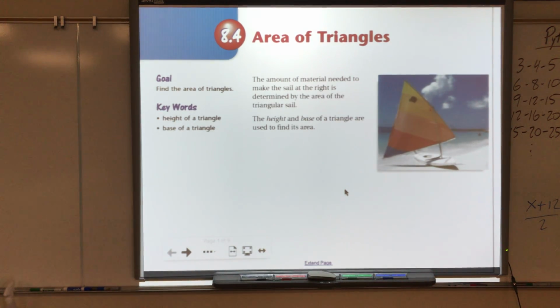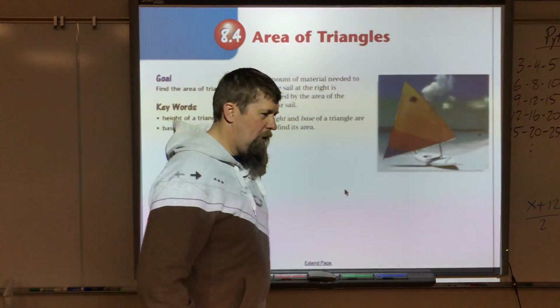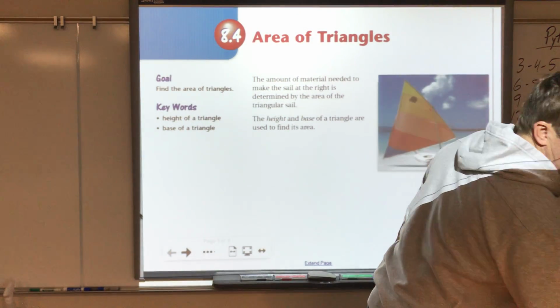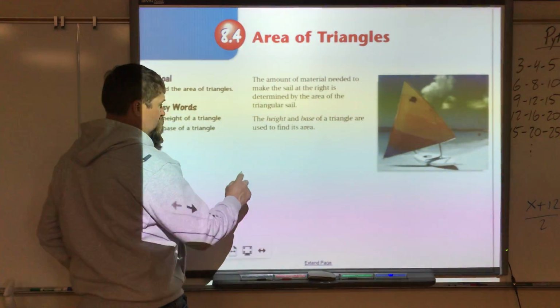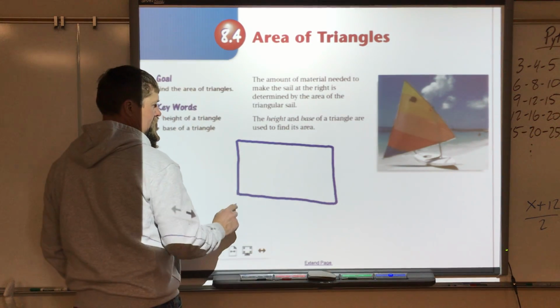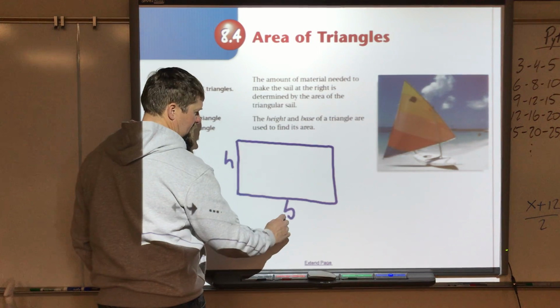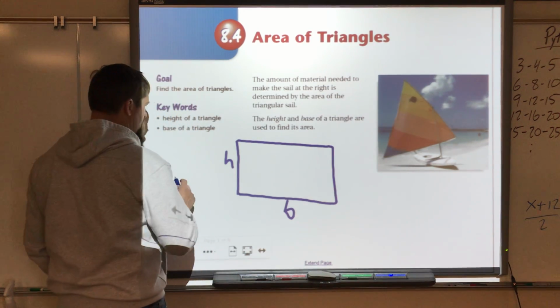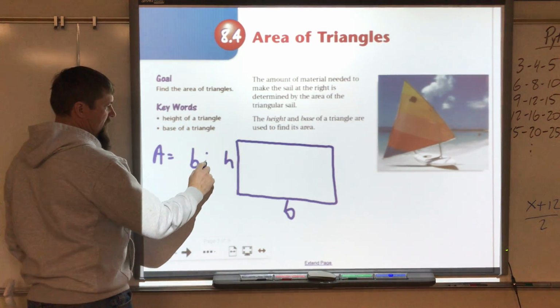Section 8.4 is on areas of triangles. When you have an area of a triangle, let's base that off of an area of a rectangle. If we have a rectangle here with a height and a base, we know the area of this rectangle is base times height.